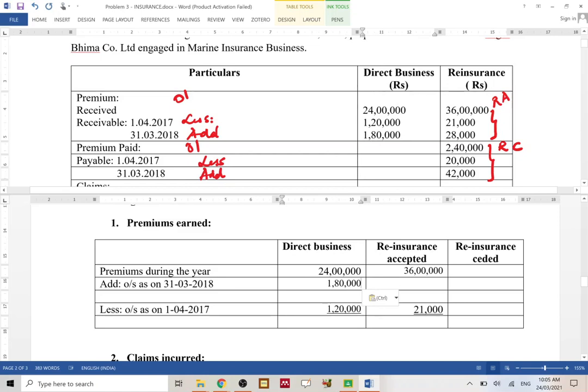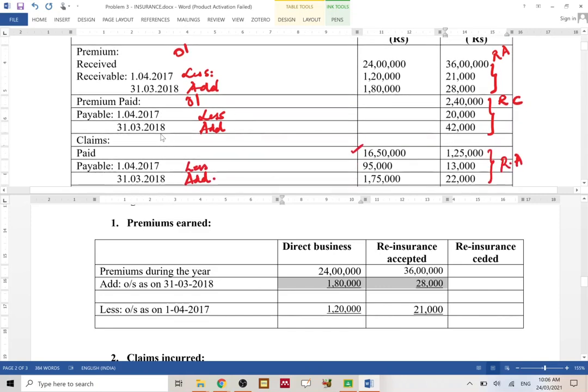Put it wherever it fits. Okay, add outstanding is over here in the pro forma, and on reinsurance accepted it is 28,000. Am I right? Yes. So both of these amounts are there with us. Okay. Then we have, I'm going by this order instead of finding out what is ceded and everything from the problem. I'm going by what is given in the order of the problem.